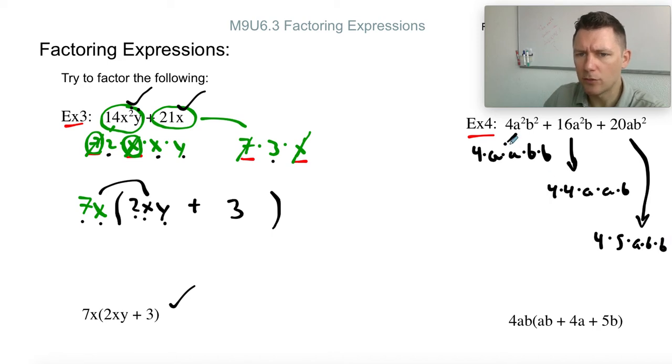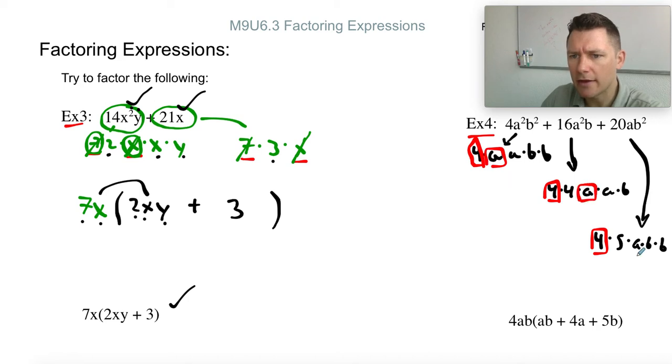Right? If you think about what a squared is, it's just a times a, and b squared is b times b. So the greatest common factor is, they all have a 4. There's a 4 and a 4 and a 4. They all have at least one a. So there's an a and an a and an a. And they all have at least one b. A b and a b and a b.